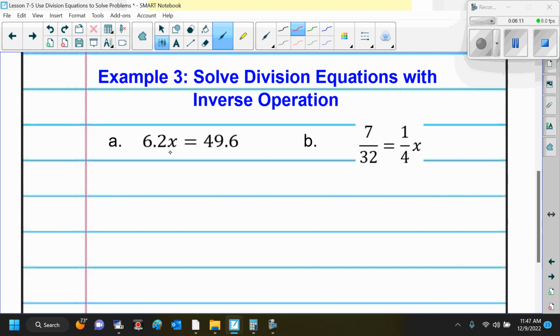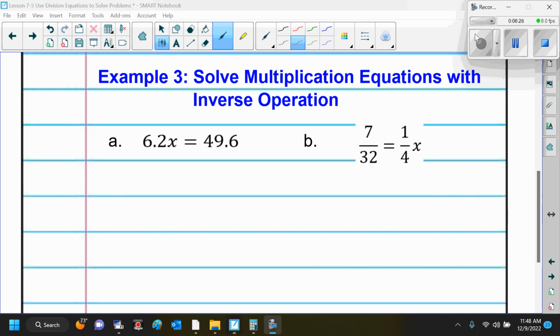So that 6.2 is what we're going to divide by, because this is a multiplication equation, right? Actually, my heading is wrong. This is solve multiplication equations. Let me change it. So here, because this is a multiplication equation, we're going to divide by 6.2. We're going to use division to solve the multiplication.